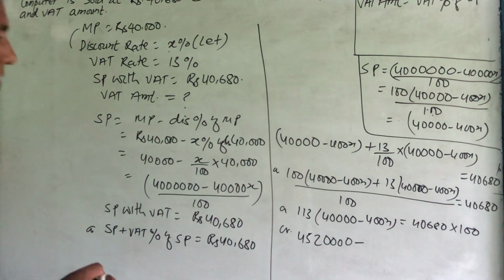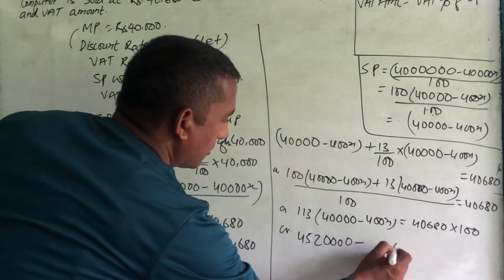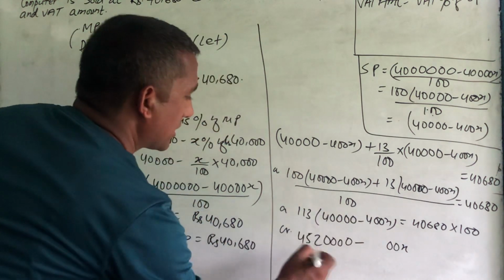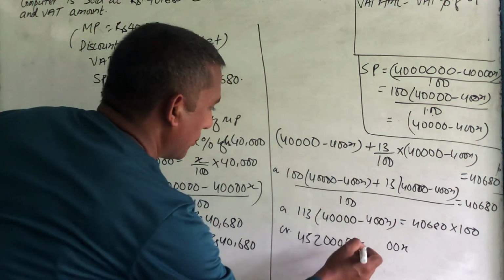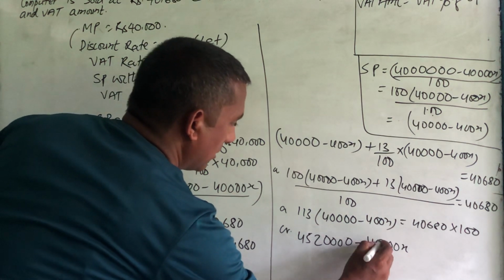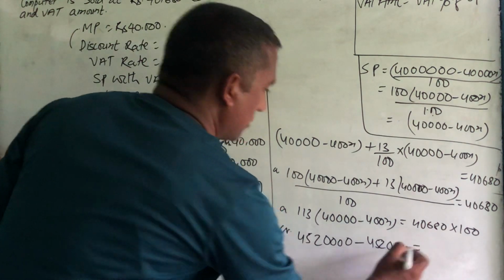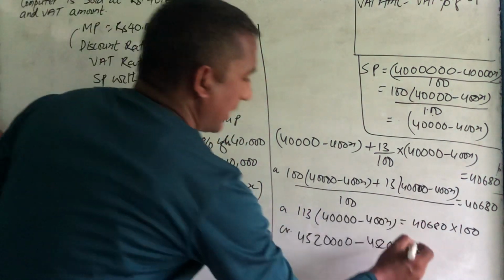Now again multiply this one, 113 into 4 means 452. So 45,200 X equal to, multiply this.